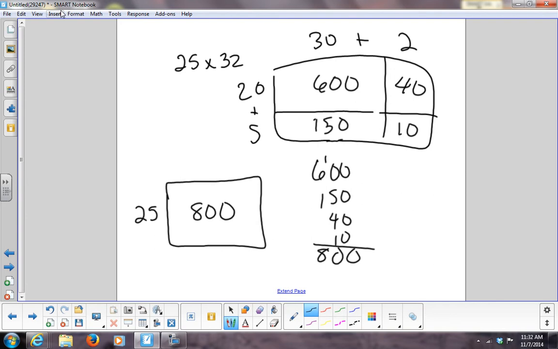So that's one way that we're going to do it today. I'm not going to start that off right away, but I just wanted you to see the visual of what we're going to be doing. This is division. So it'd be 800 divided by 25, and we don't know what's up here. I just wanted you to see the relationship between partial products for multiplication and division.